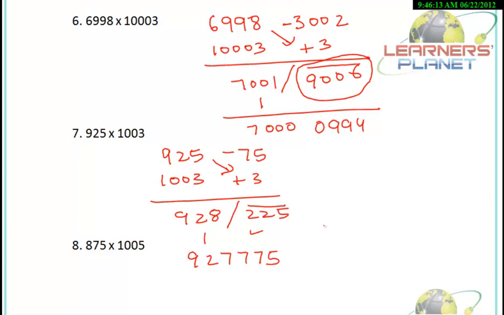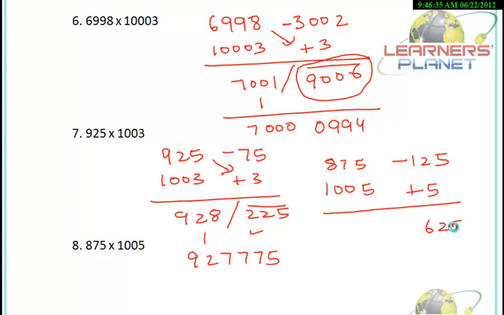Now let's do this problem over here. It's 875 into 1005. Let's choose the base as 1000. It is 125 less than 1000, and it is plus 5 from 1000. So 125 into 5 is 625, but that will be negative, and 875 plus 5 is 880.